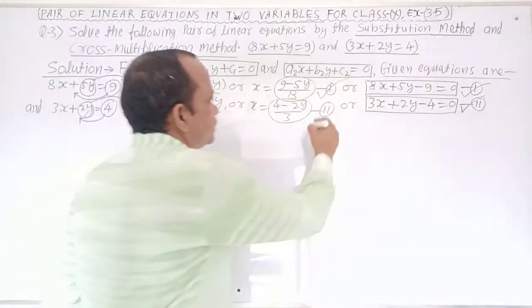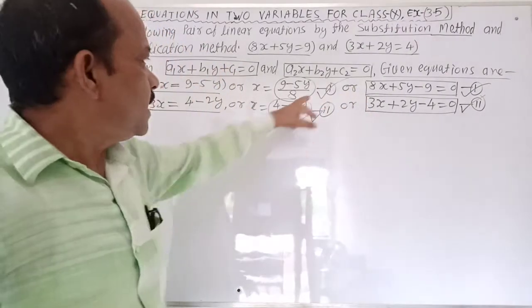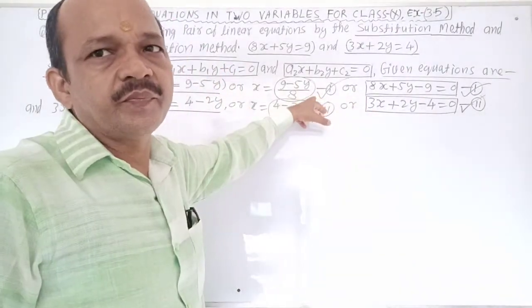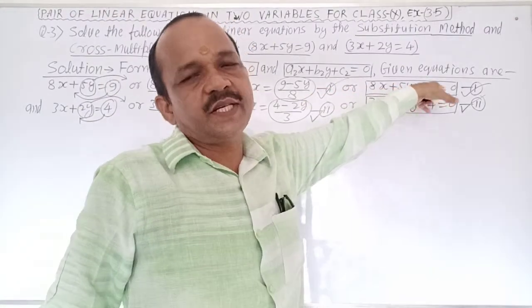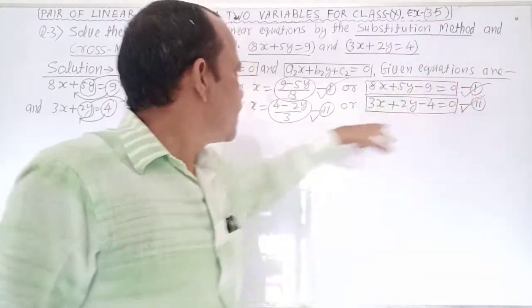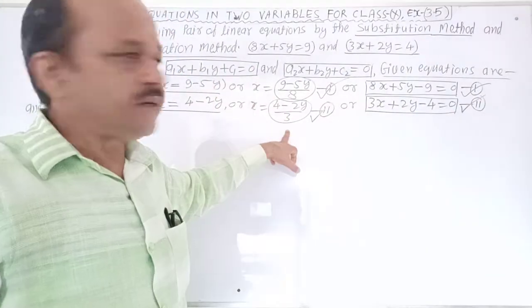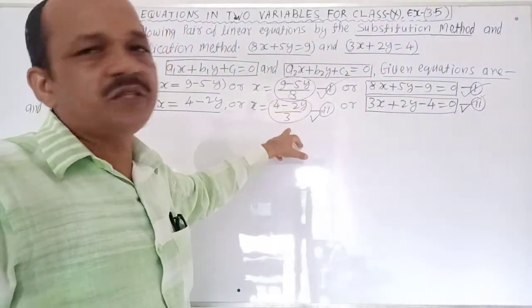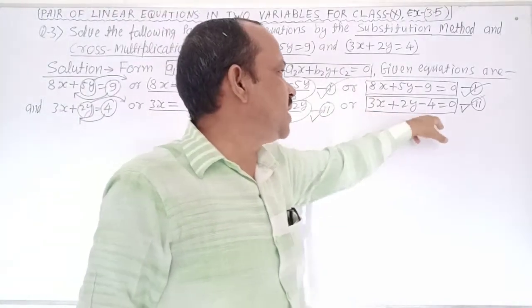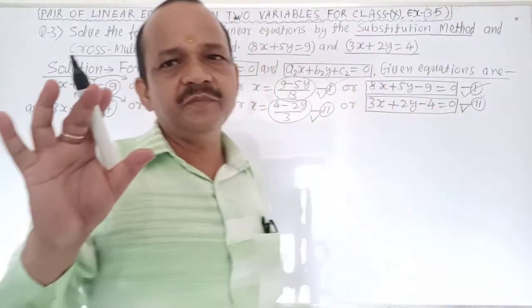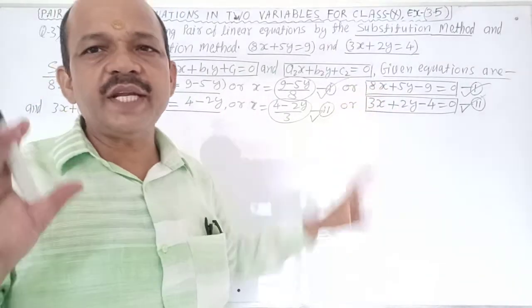Clear? Equation first you can write as 8x plus 5y minus 9 equal to 0, or x equal to 9 minus 5y by 8. Equation second, you can write as x equal to 4 minus 2y by 3, or 3x plus 2y minus 4 equal to 0. Clear? No confusion about it?